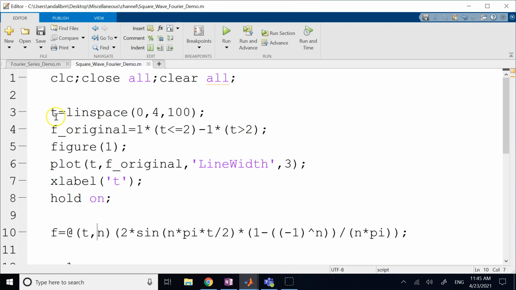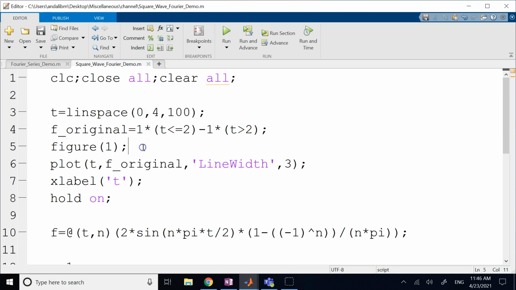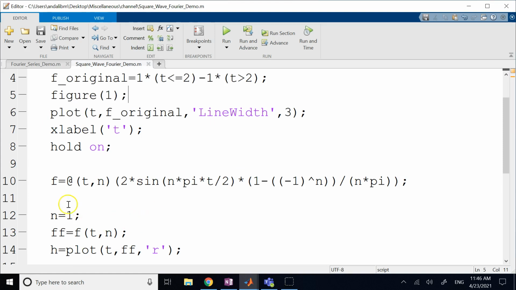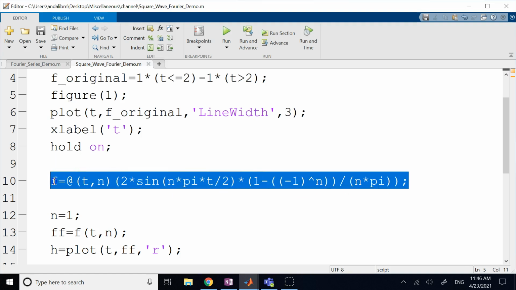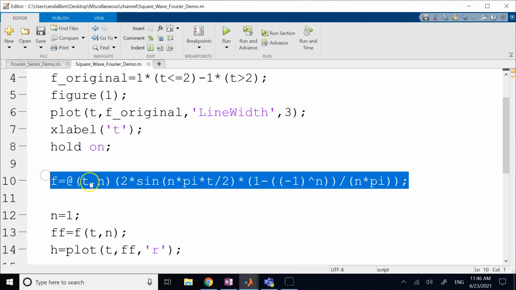The original function is 1 for t less than or equal to 2, and it's -1 for t bigger than 2. I have a bunch of t values between 0 and 4, 100 data points. I plot the original function, and then since a0 and an are all 0, all I have is bn times sine of n pi t over capital T, which is all of this that you can see.